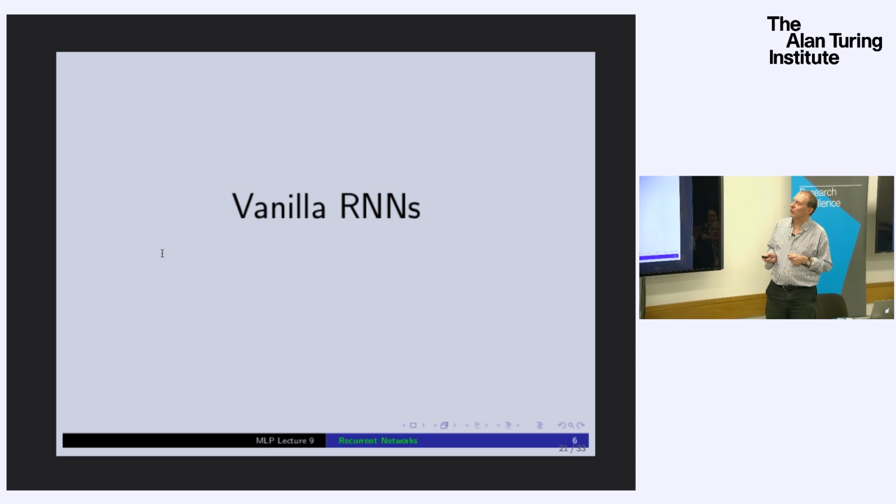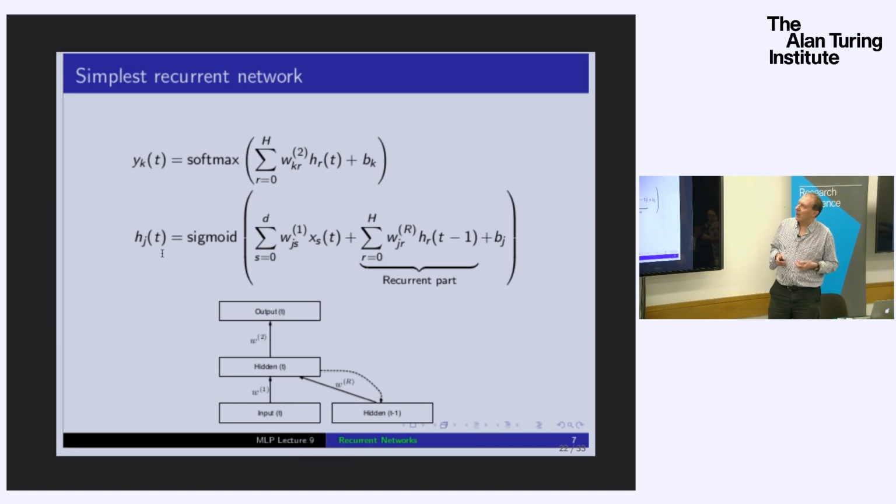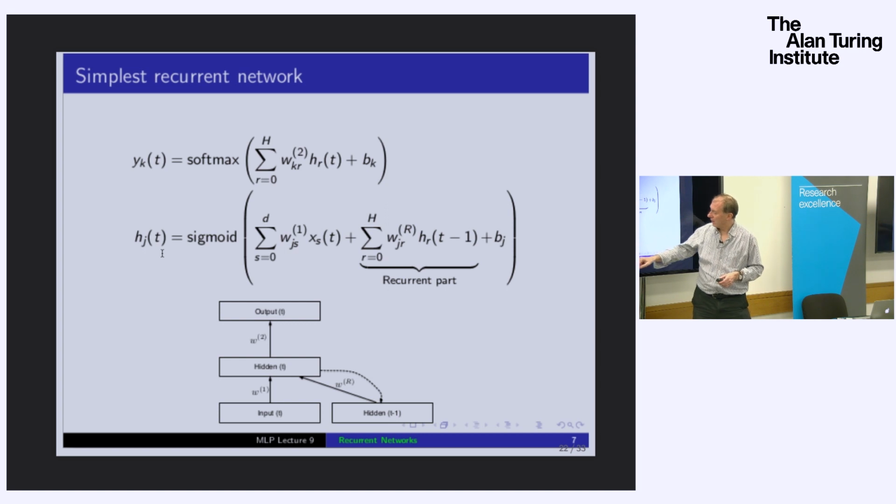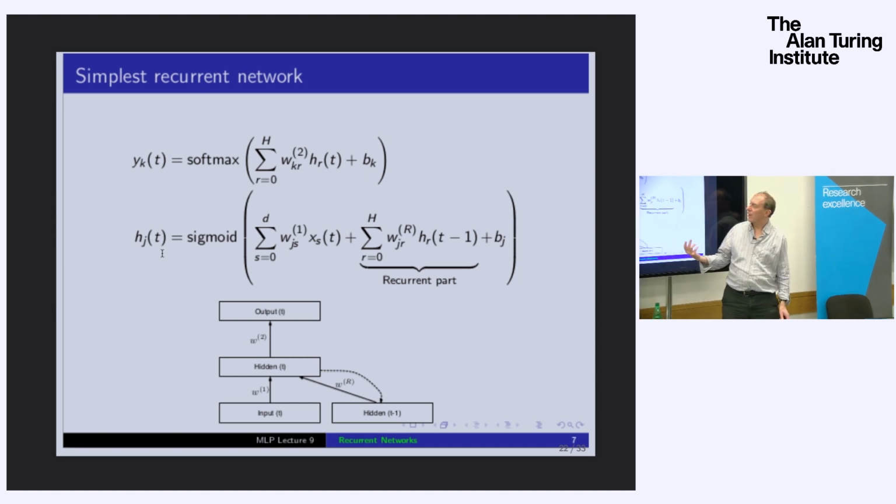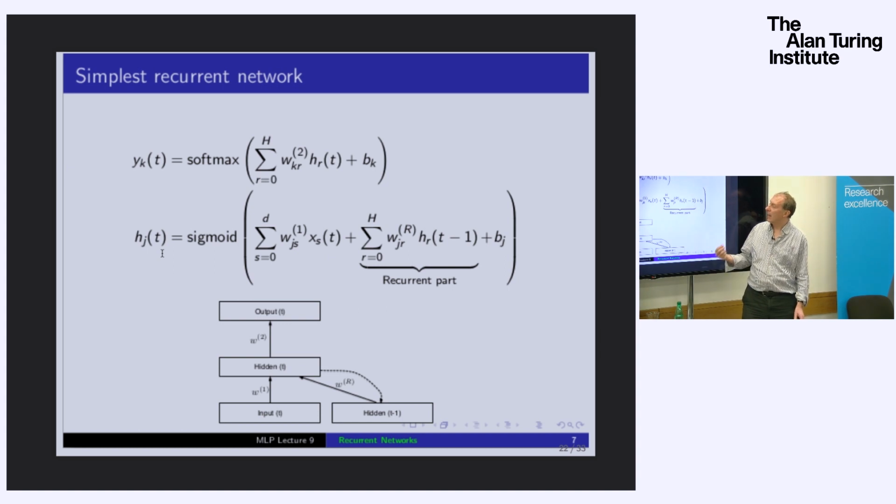So, okay, let me first of all talk about vanilla RNNs. If you're familiar with standard neural networks, here we've got some input at time t, say some vector of inputs indexed by s. We have a weight matrix here which maps from those inputs to some hidden units, such as a linear transformation, and also because we've got a recurrent connection, we've got the hidden units at time t-1 that we've copied from the previous time step.